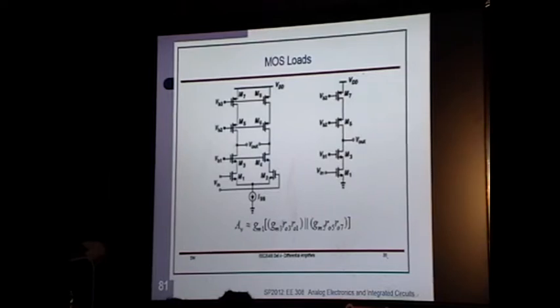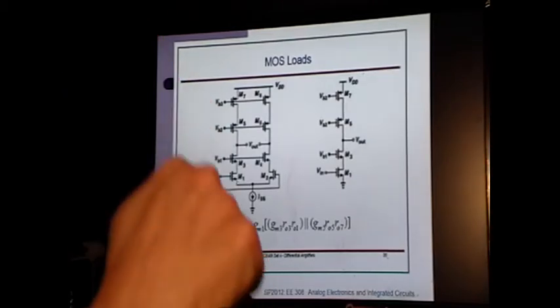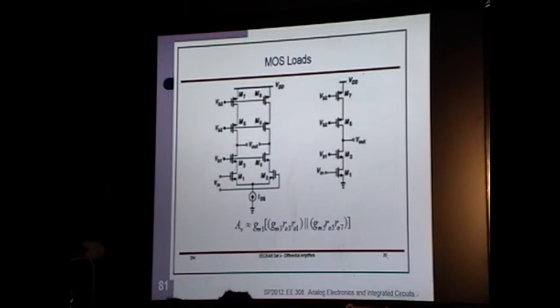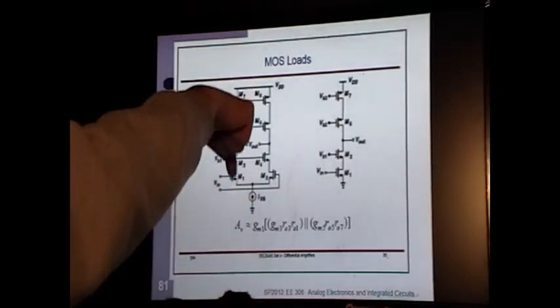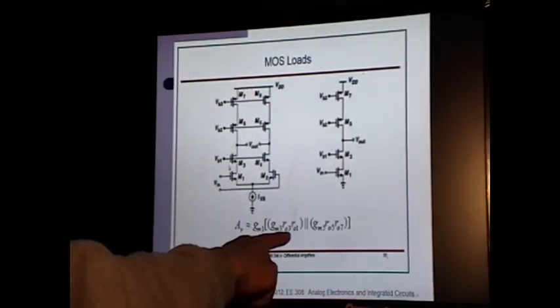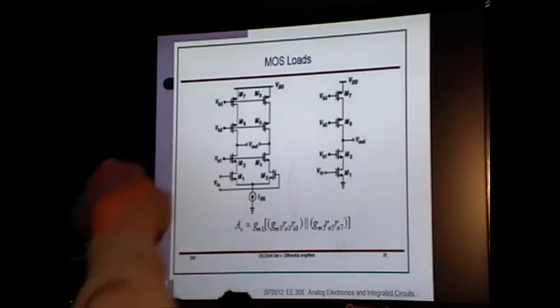GM can be 0.1, it can be 0.01, it can be 0.001. It's still going to be much bigger than just a single RO. Remember with the differential pair, when you looked down, you saw a single RO. But now when you look down into here, you see a resistance on the order of RO squared.